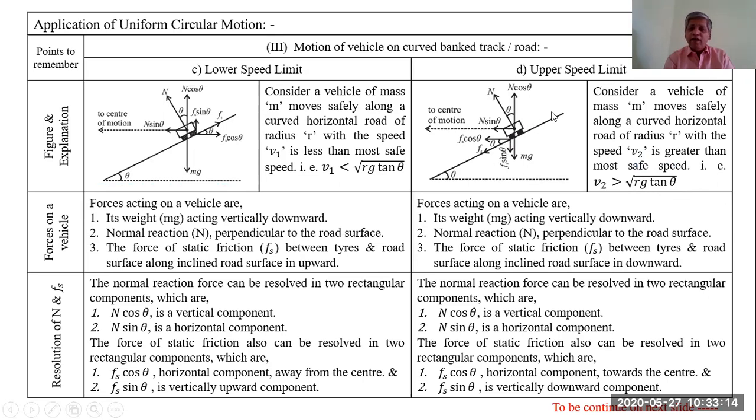When the speed is higher than the most safe speed, the vehicle moves or slips toward the outer edge. So the force of friction will arise toward the inner edge along this banked road.